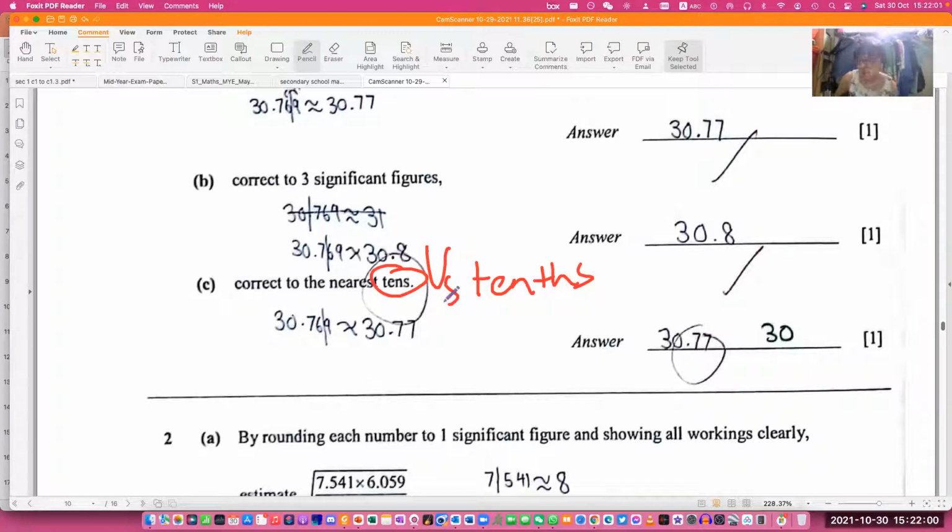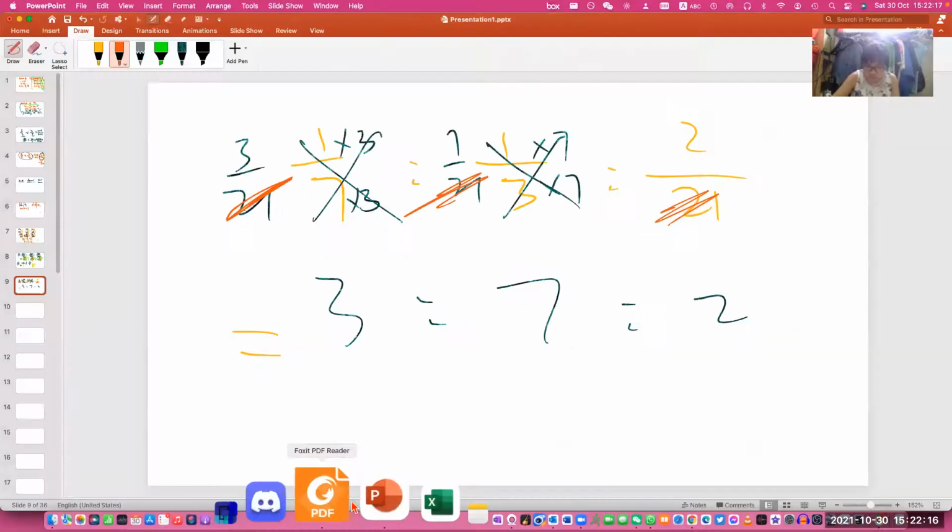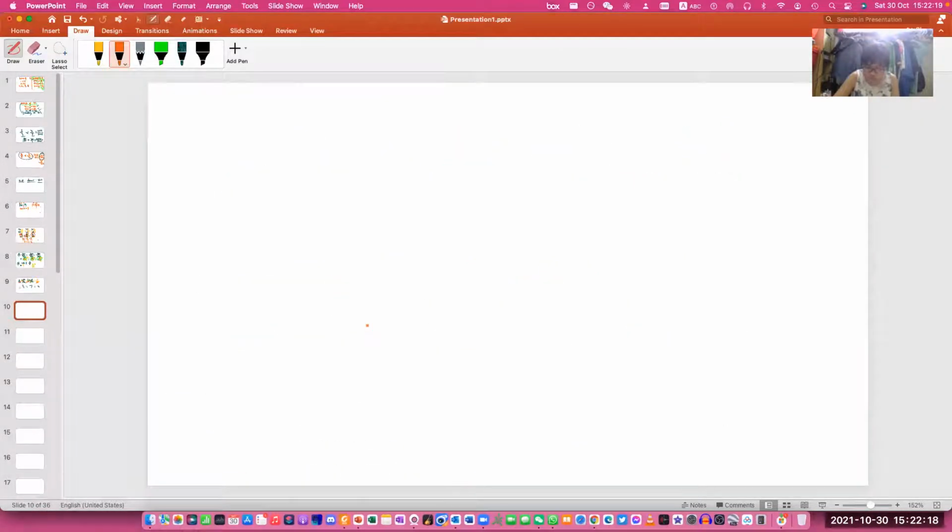Hence, after the decimal, you are actually doing for tens, while they are asking for tens. So basically, this is the start of our lesson. So remember the positional value table?